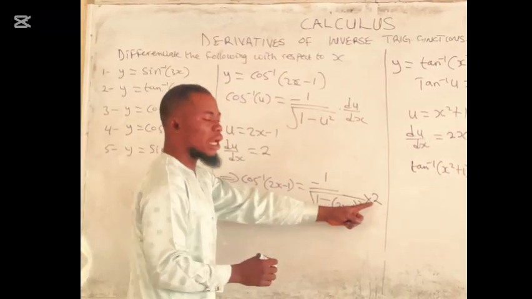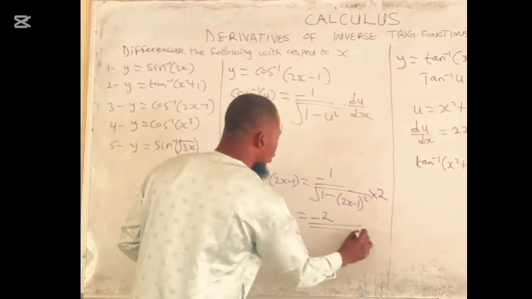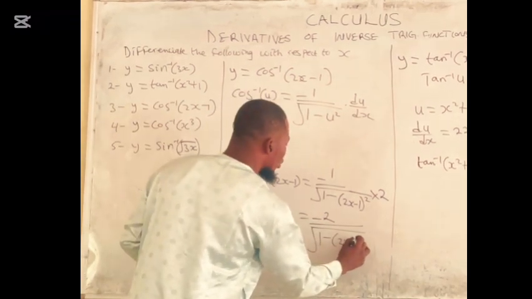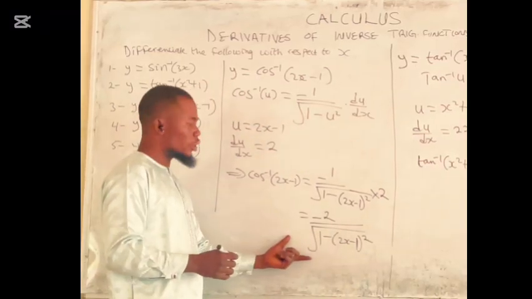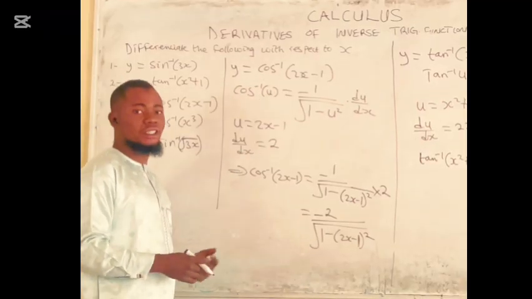So minus 1 times 2 gives minus 2, all divided by the root of 1 minus (2x minus 1) squared. So this is the derivative of cos inverse of 2x minus 1.